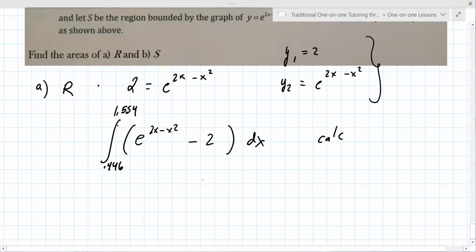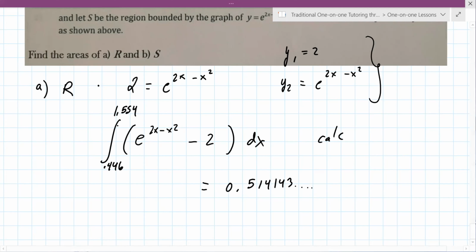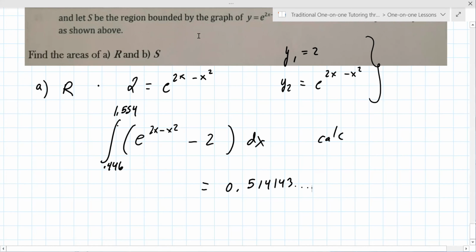So what I get is 0.514143, roughly. The integral of that minus 2 dx, got that.